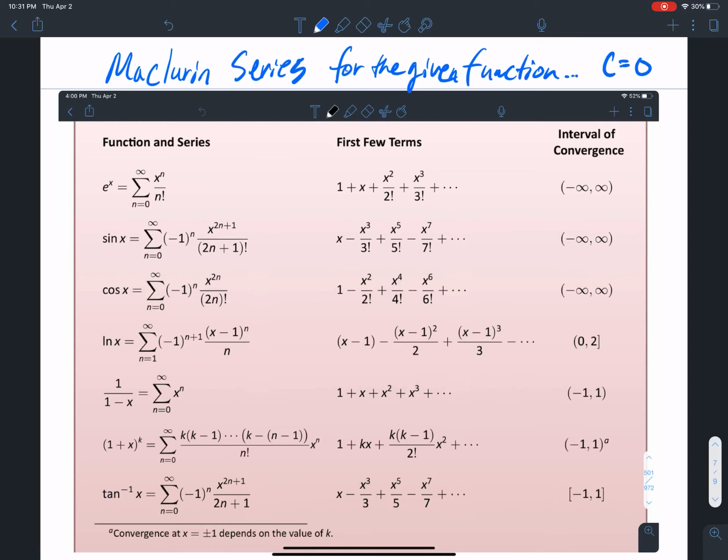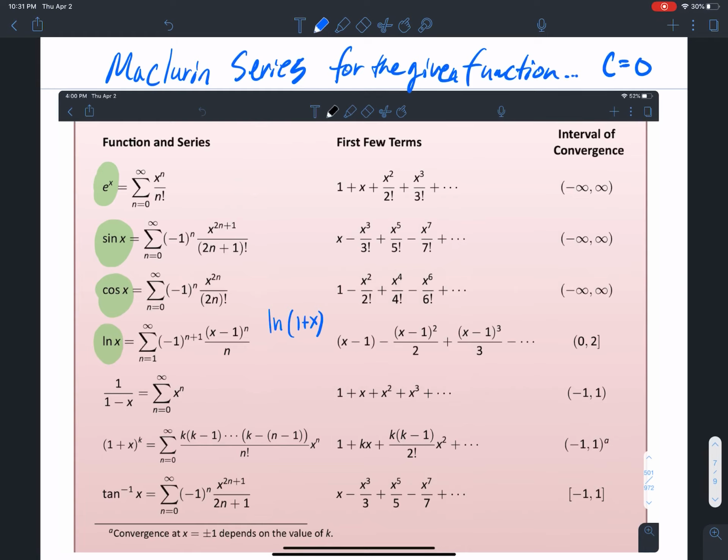So we have a formula for e to the x, which is the sum of x to the n over n factorial. We've got a formula for sine x, cosine x, the natural log of x. Sometimes this natural log one, I think in your book, this is just one I found online. In your book, they do the natural log of 1 plus x.